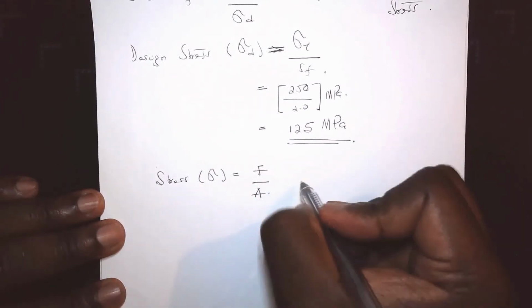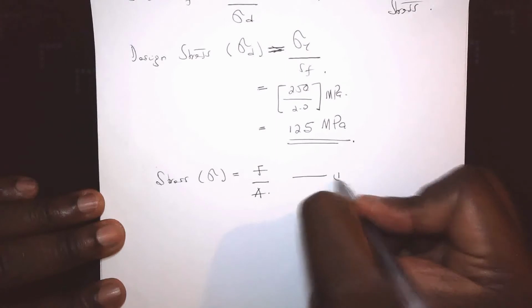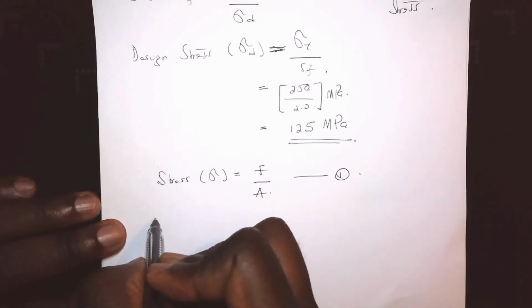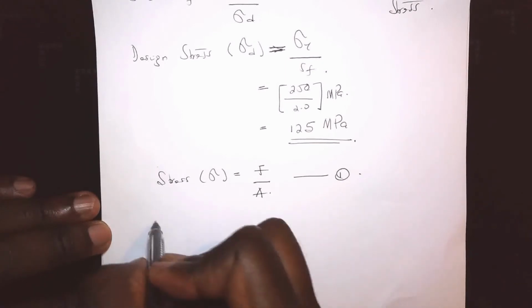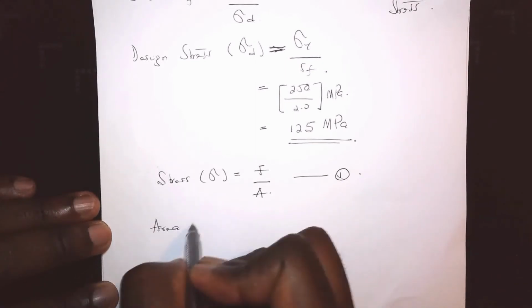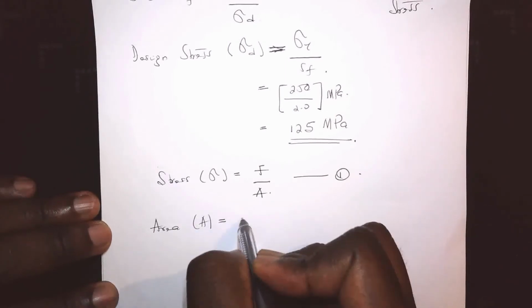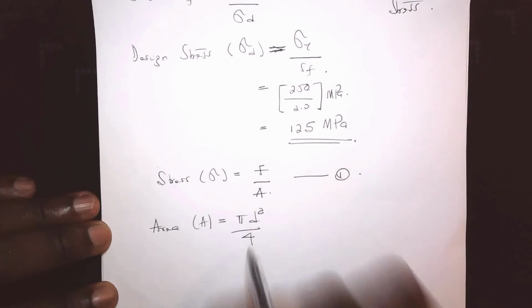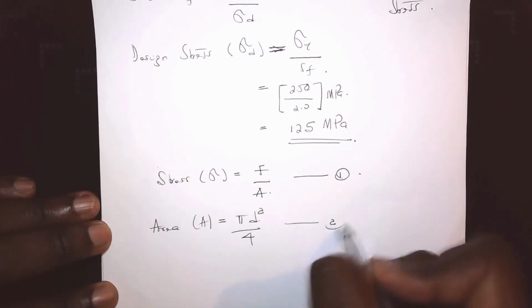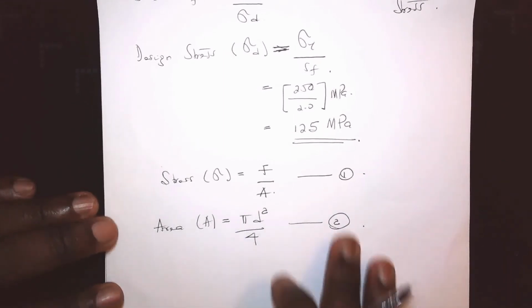Let's call that equation 1. And since the bolt is circular, the area is going to be pi d squared over 4. Let's call that equation 2.